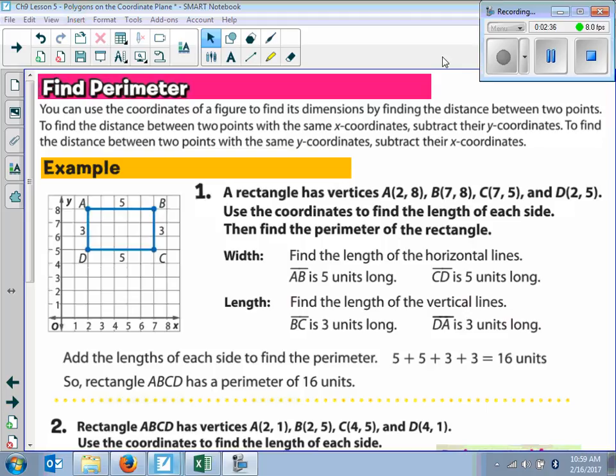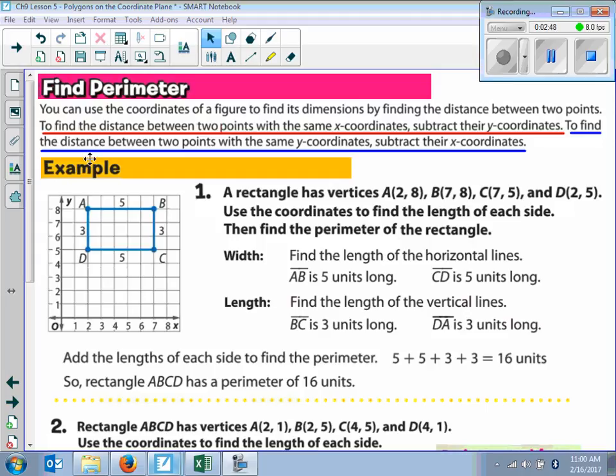To find the distance between two points with the same x coordinates, you subtract their y coordinates. To find the distance between two points with the same y coordinates, you subtract their x coordinates.